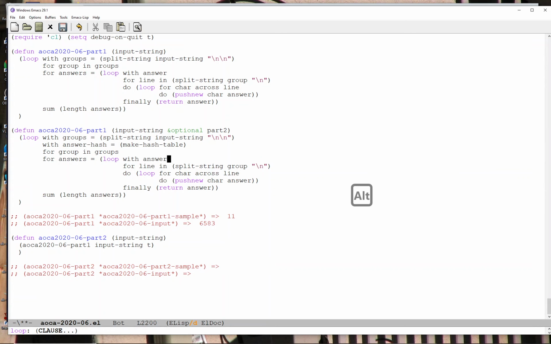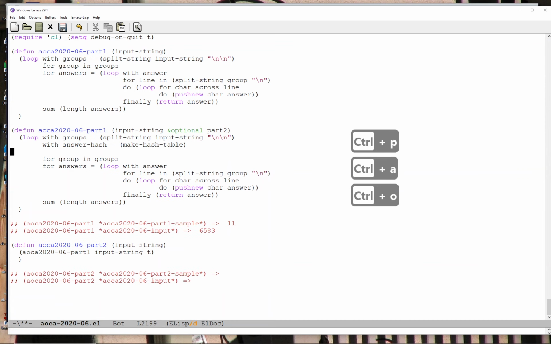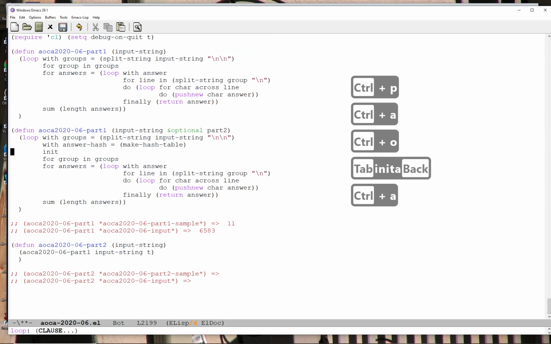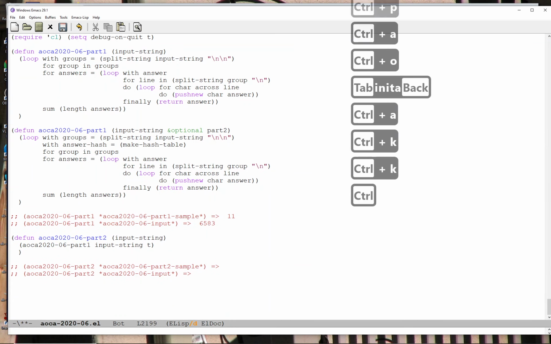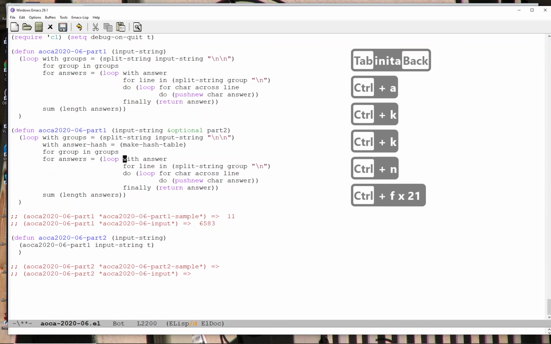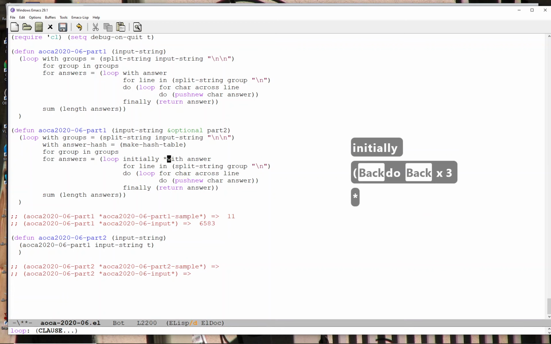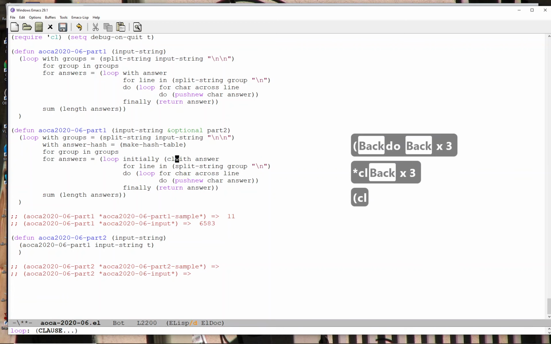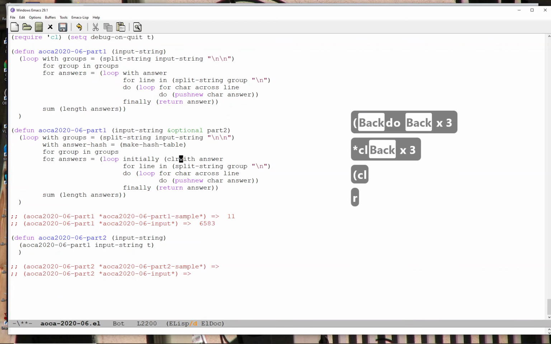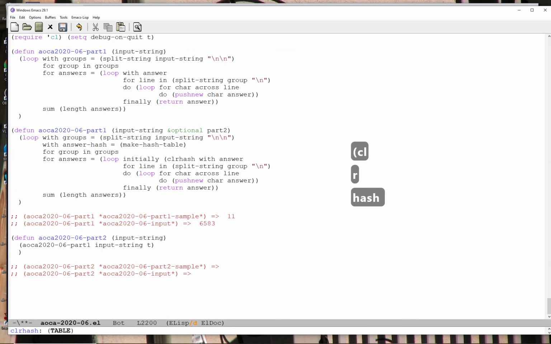So inside of here, no, initially inside of here, no, inside of here initially, that's how you spell it, yep.